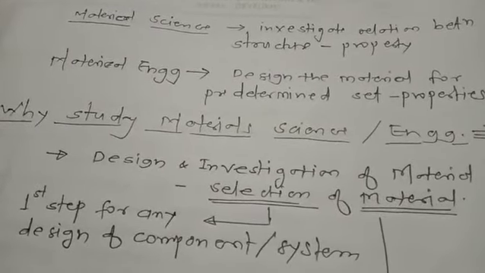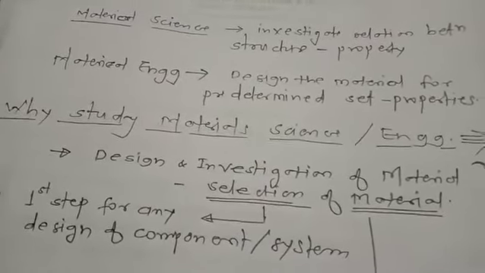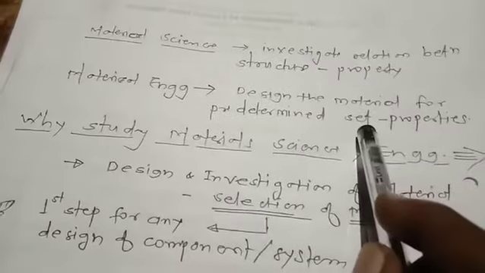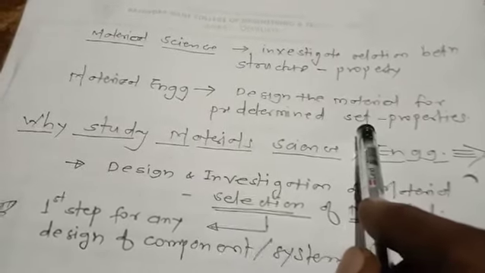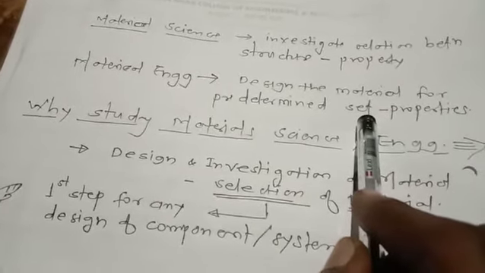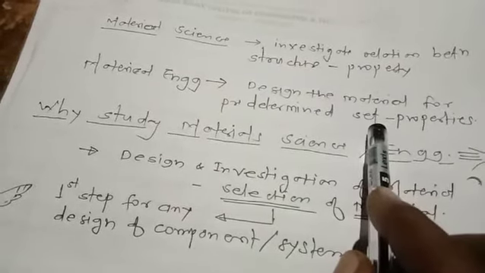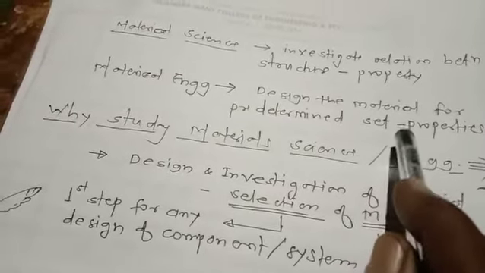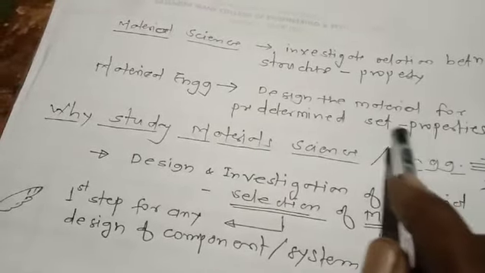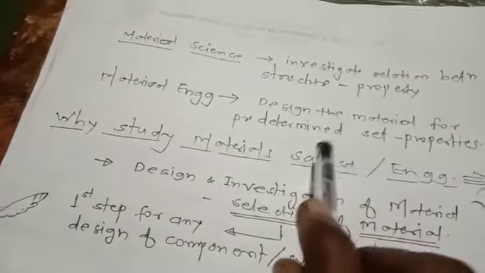And the second one is material engineering, means designing the material for a predetermined set of properties. In material engineering, we define what we require at the end. Means we require a hard material, or a soft material, or a ductile material, and that is the output. So to achieve this particular output as a set of properties, you have to design the particular material, means you have to process it.